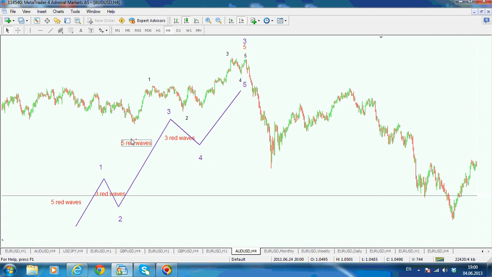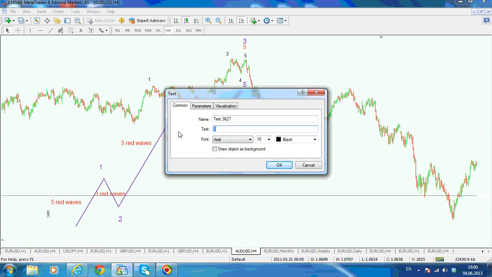Then another 5 waves to the upside, and then you have 1, 2, 3, 4, 5. However, each wave to the upside from these 5 red waves is formed out of five black waves of a lower degree.